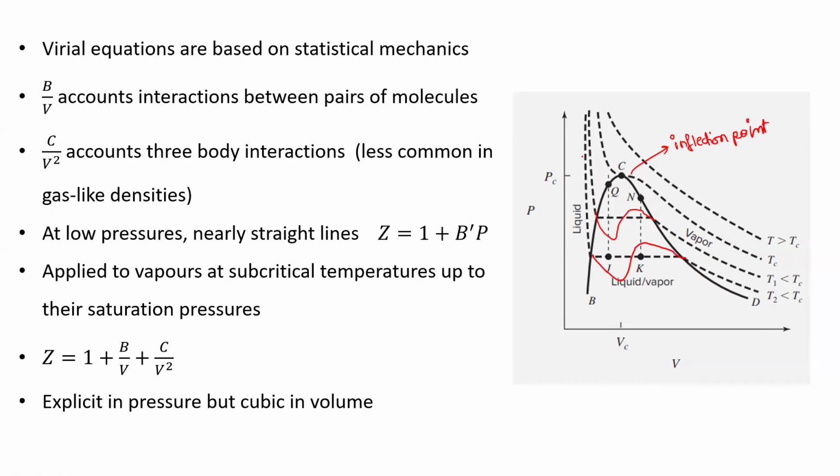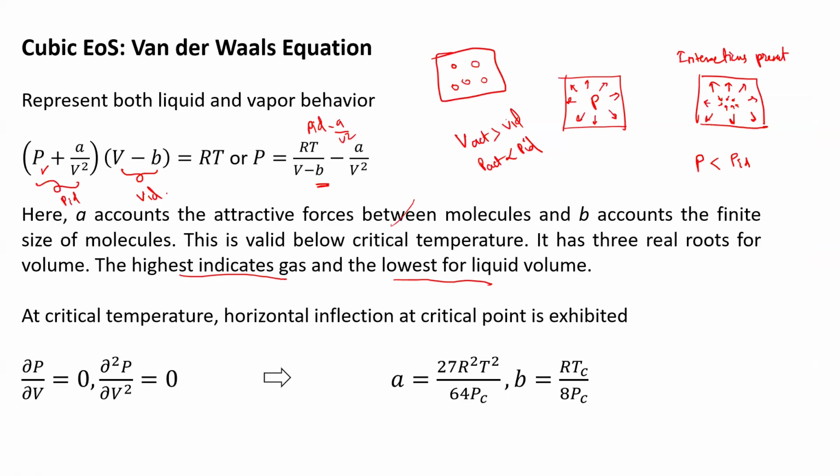So consider this real coefficient. At this point, dou P by dou V is equal to 0, and dou square P by dou V square is equal to 0. And that's how we will get A and B.